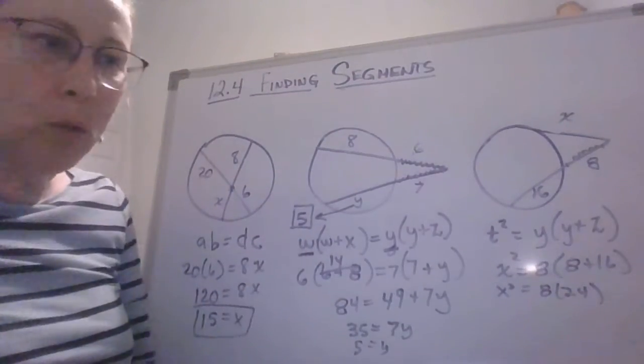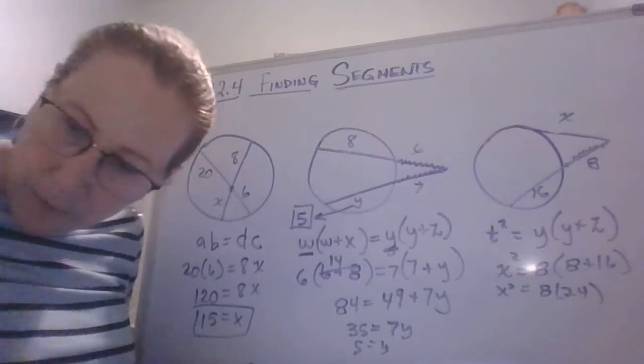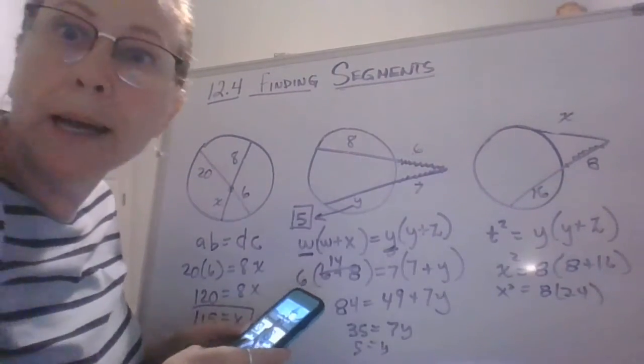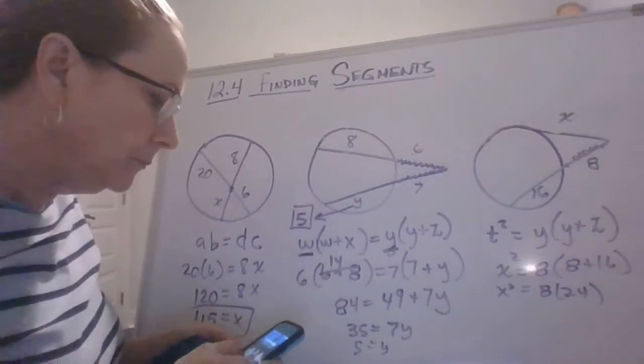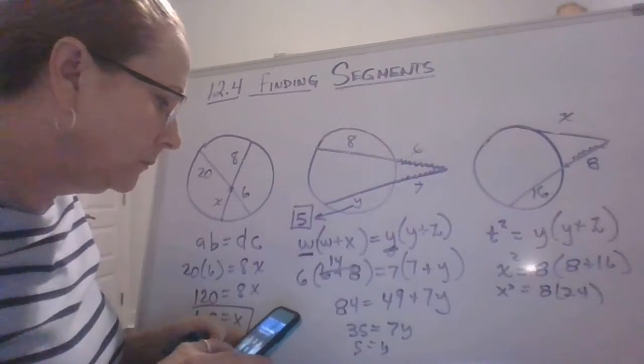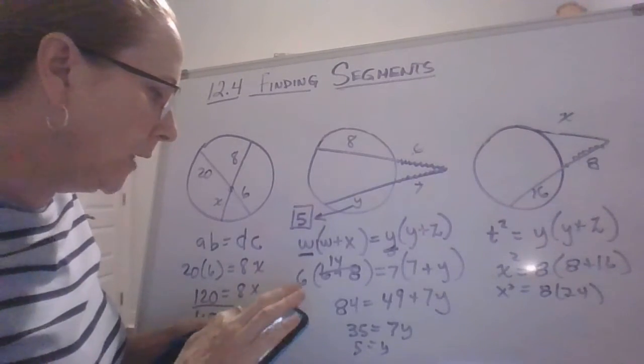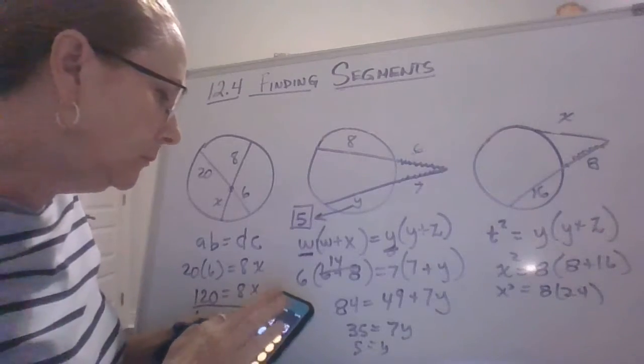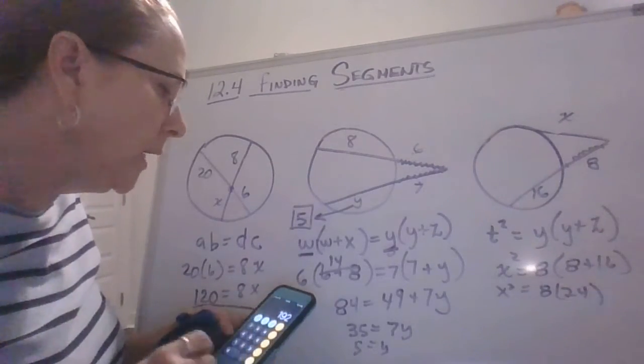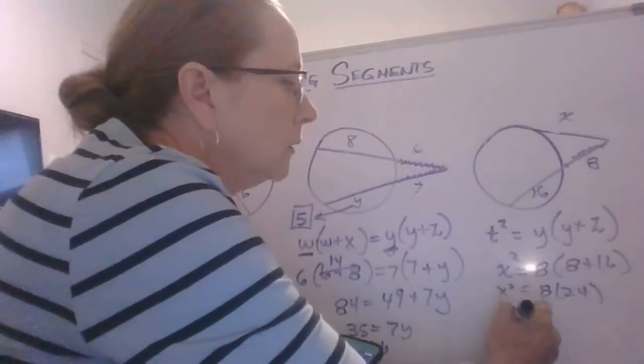And we can do a quick calculation. I did not bring my calculator in here, but luckily I have my phone handy. 8 times 24 is 192.